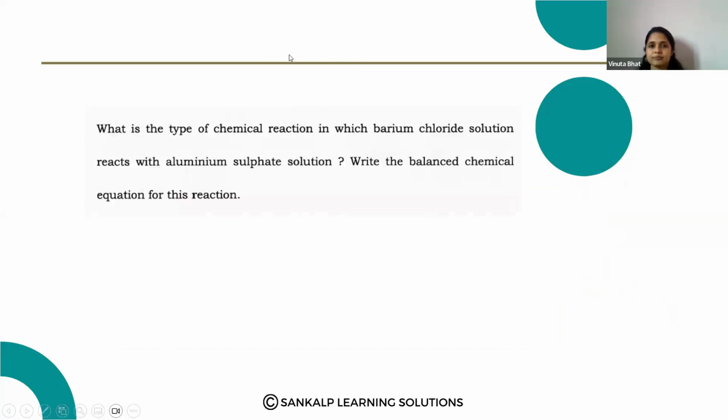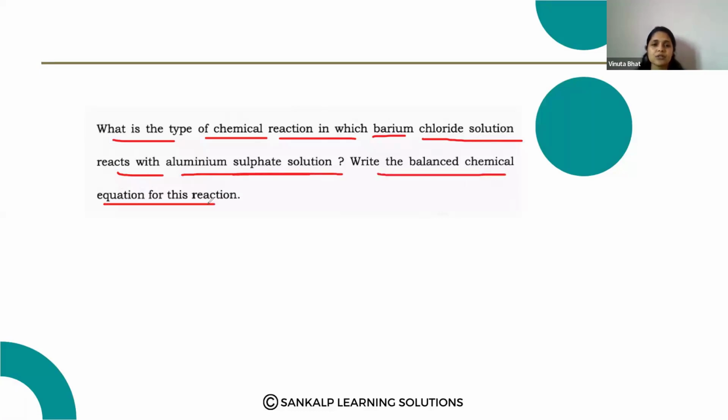Next question. What is the type of chemical reaction in which barium chloride solution reacts with aluminium sulfate solution? Write the balanced chemical equation for this reaction. Okay. So let us write the reaction.